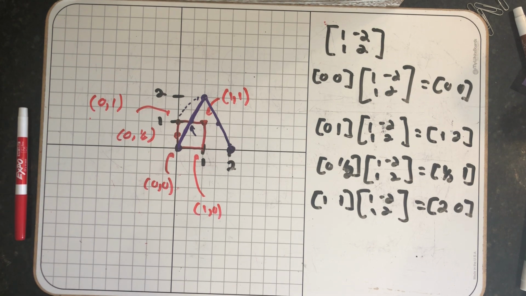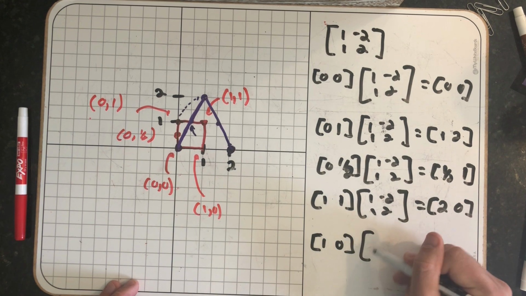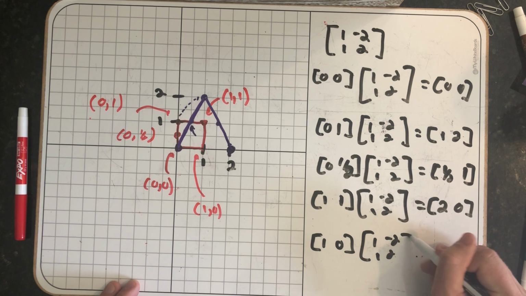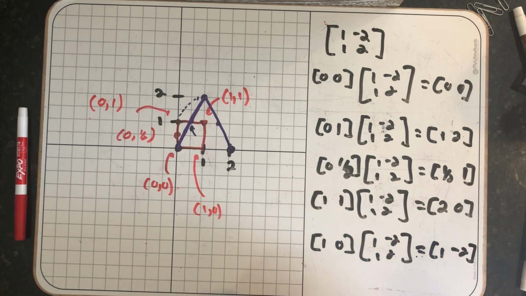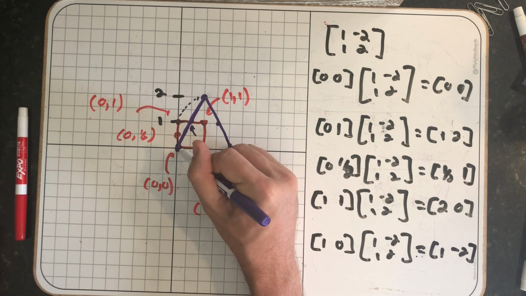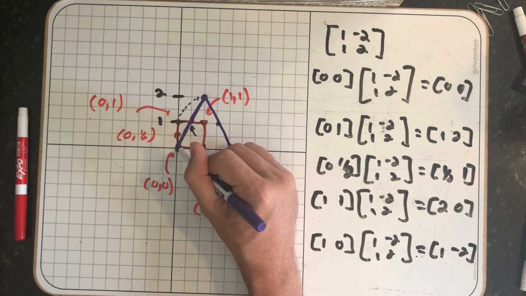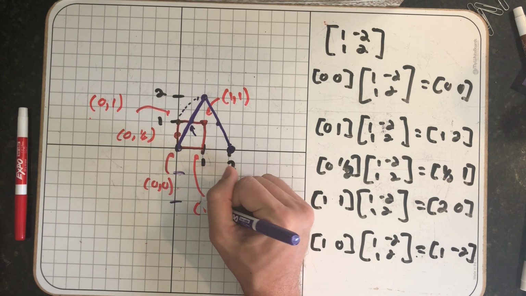And what I'd like to do now is go on and move my final corner. And I find out that point will go to the point 1 minus 2. Let's see, 1 minus 2.